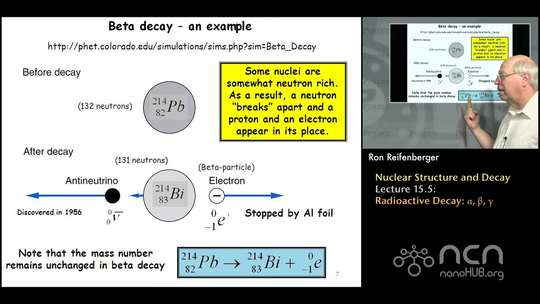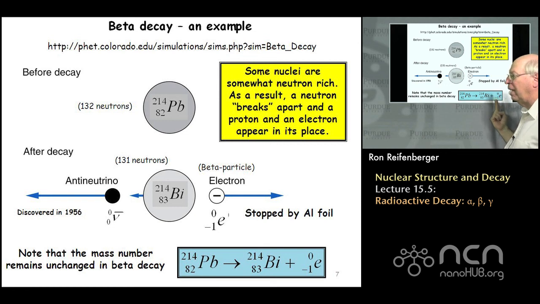So it turns out lead has 82 protons, 82 electrons in it. The particular isotope lead-214 decays into bismuth, and in the process of decaying into bismuth, it emits this electron. So the electron has charge -1, and it has no net neutrons or protons associated with it. So the beta particle is represented in this format here.